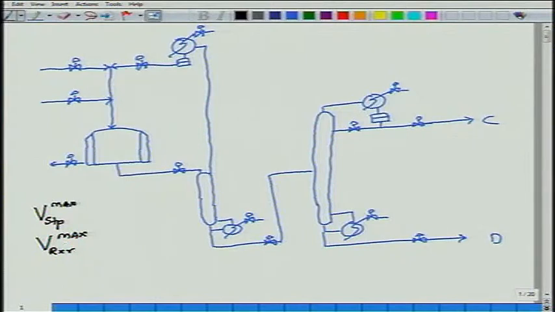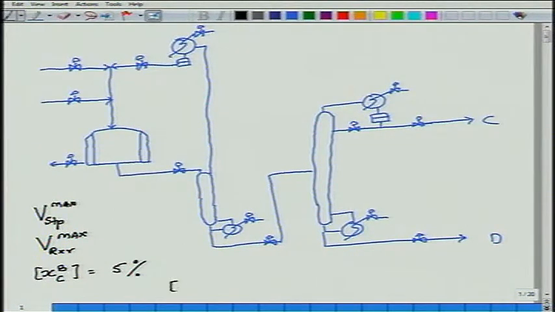What else? What else was active? X C in the bottom stream should be small. Let's just say 5%, because you don't want too much C. C is what earns you the money. If that goes down the bottom, you are losing C, right?